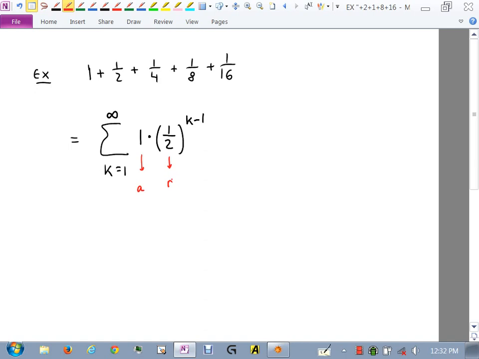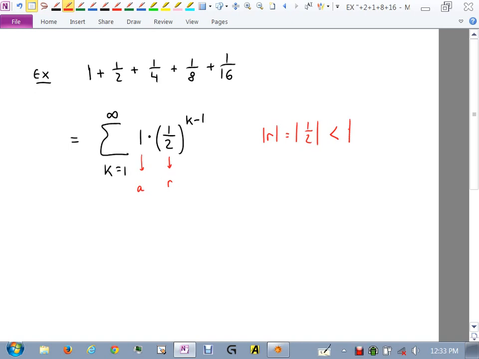Okay, so when we look at this, we say first, this is a geometric series. We identify that. Since it's a geometric series, after I figure out it's geometric, I'm going to say, okay, what's the magnitude of r? Well, the magnitude of r, in our case, is the magnitude of 1/2, which is definitely less than 1. Since it's less than 1, this geometric series converges.